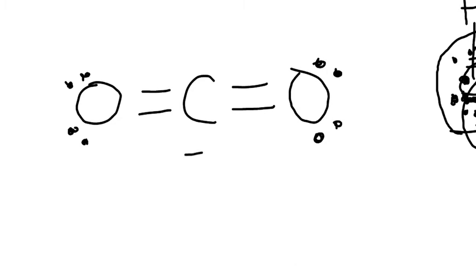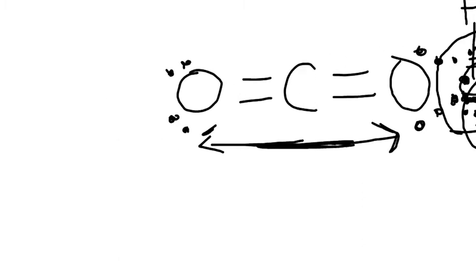Each oxygen is pulling on those shared electrons with equal force in both directions, making this molecule balanced, with the carbon sort of being in the middle in a tug of war with 2 oxygens on either side pulling equally on those shared electrons. Carbon dioxide is probably one of the most difficult molecules to know.